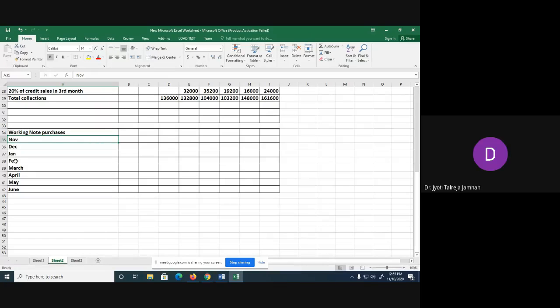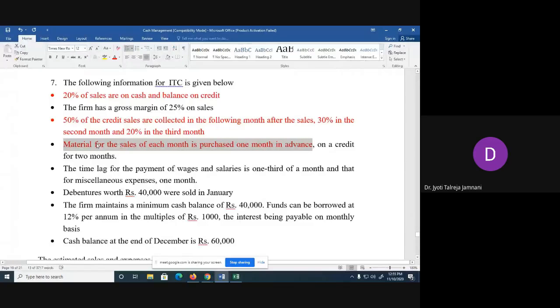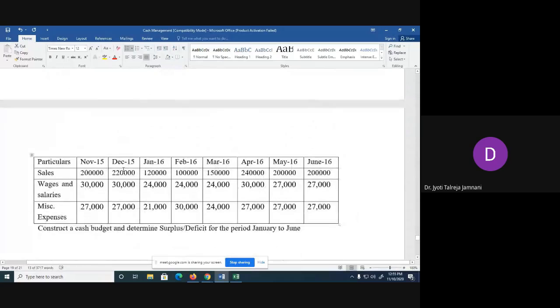Yes, ma'am. So if I have to sell something in December, I have to purchase it in November, 1 month in advance. Now, how much to purchase? What is the cost of purchase? So if my sales for December is 2,20,000, I won't purchase full 2,20,000 worth goods, because in sales we have cost of purchase as well as profit.